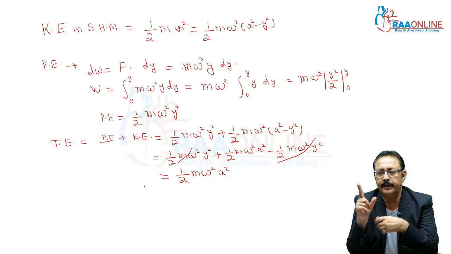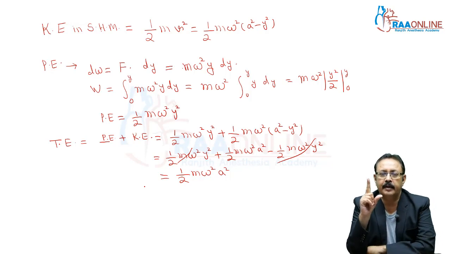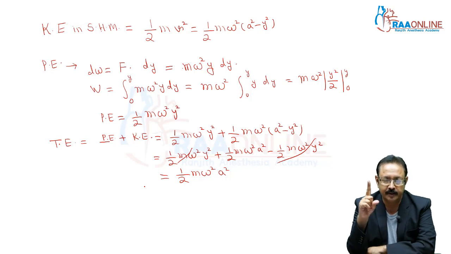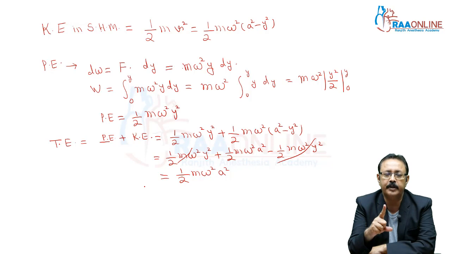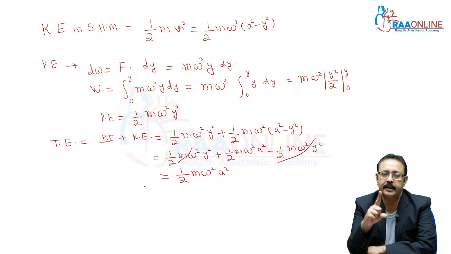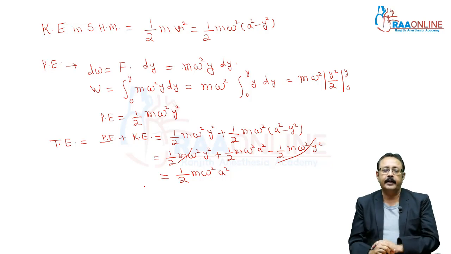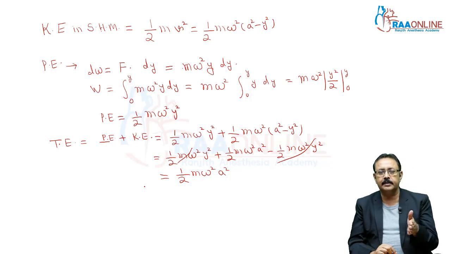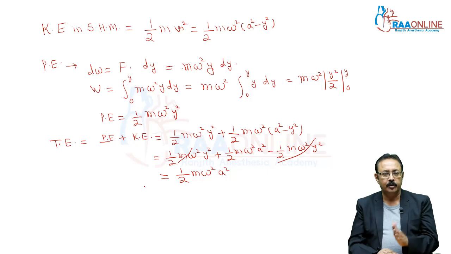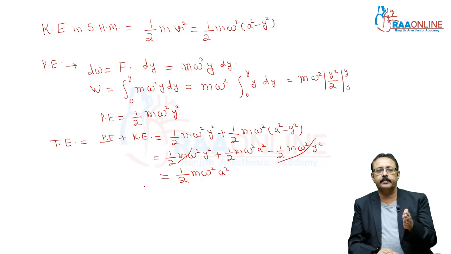Since in a complete oscillation, particle is 2 times reaching at extreme positions, 2 times it is passing through mean position. It means in a complete cycle, kinetic energy is 2 times maximum and 2 times minimum. Same for potential energy, 2 times maximum, 2 times minimum.